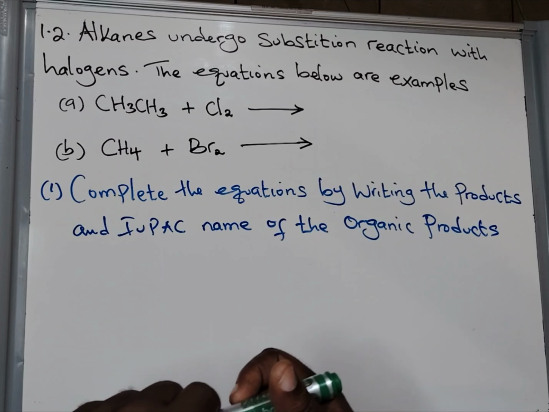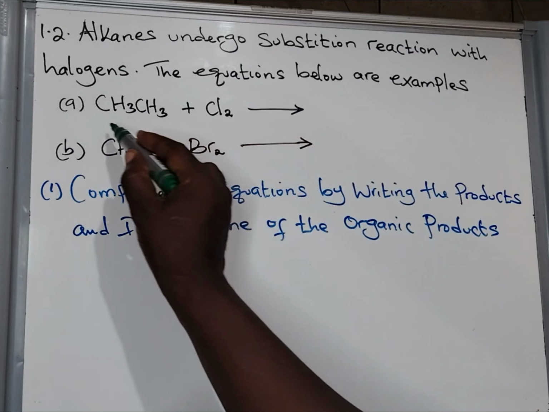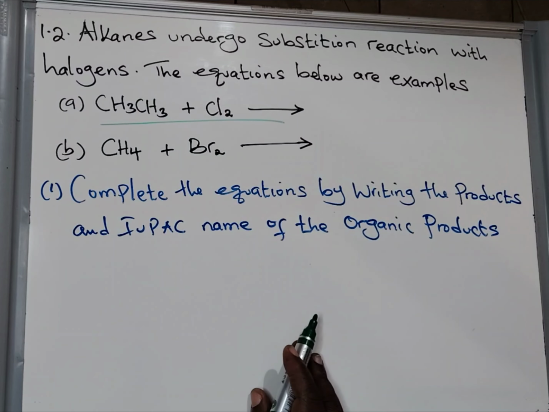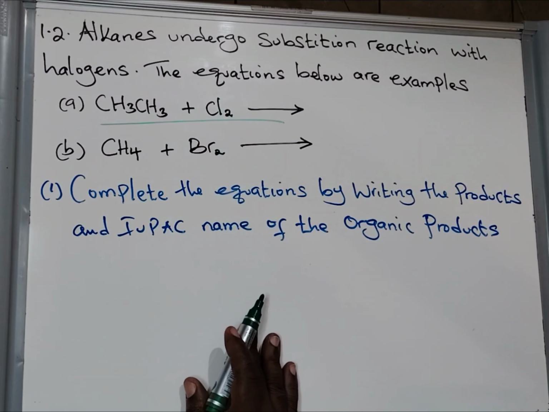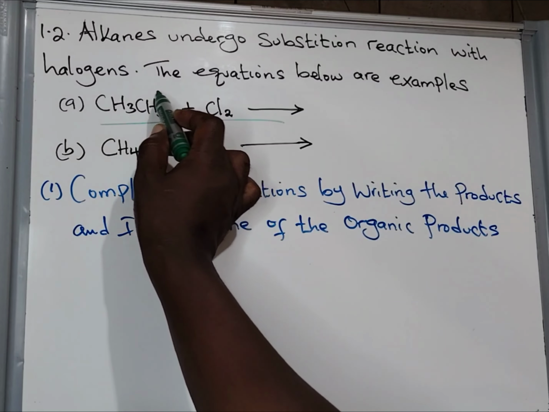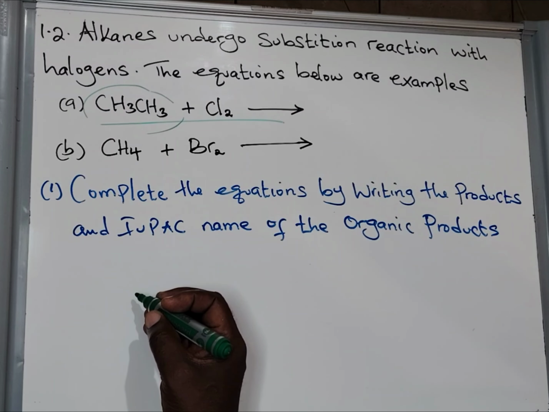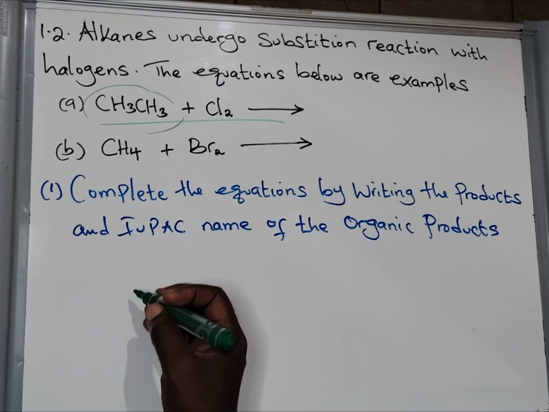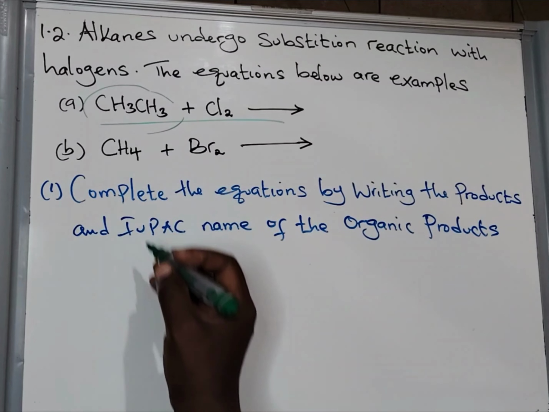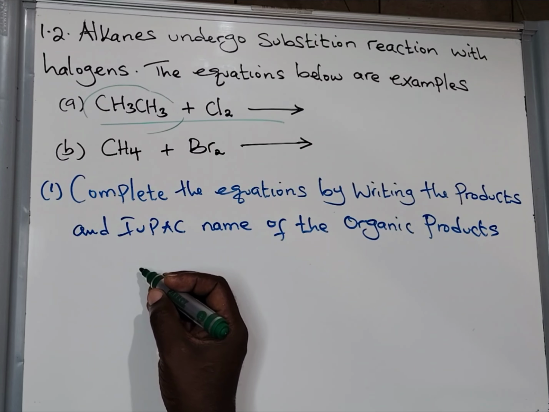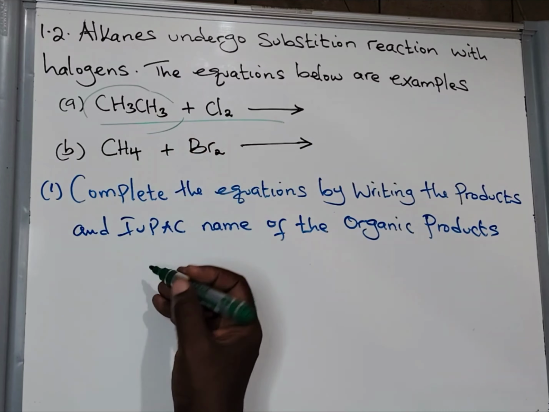Okay, so let us look at the first one. If you want to understand clearly what happens here, we are not going to use the condensed structure of this one. Let us write its structural formula. What does the structural formula of that compound look like?